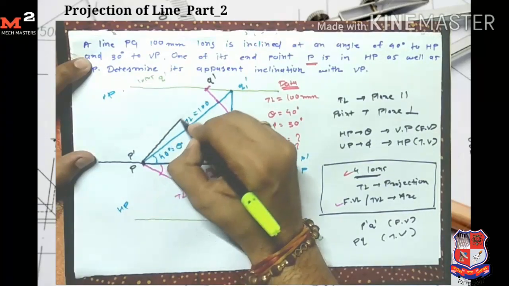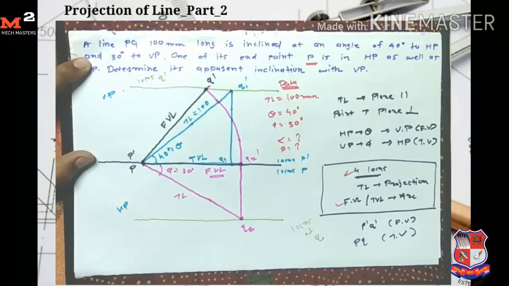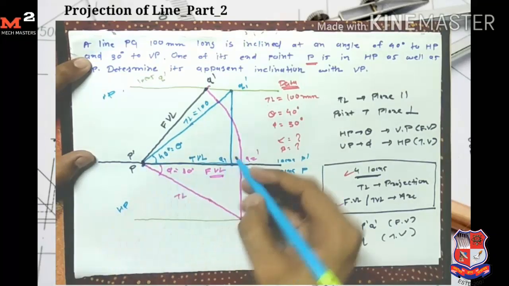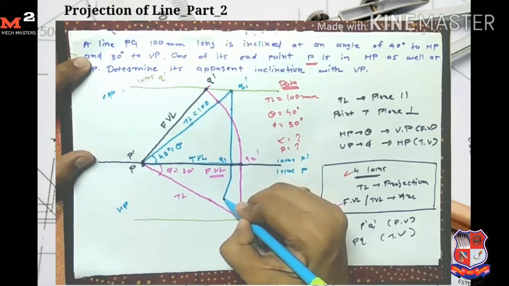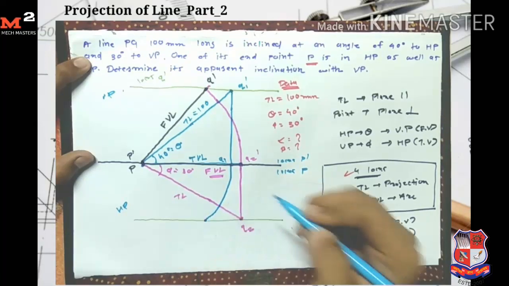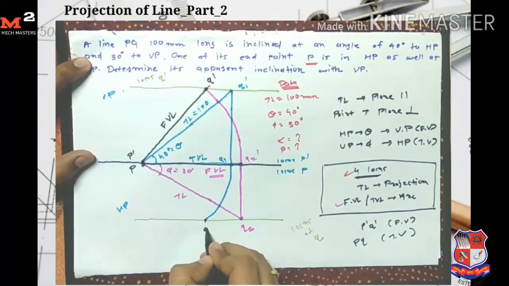This P dash Q dash is my final front view. Similarly, here I get the point Q on this line. I take P as the center and draw one arc here which intersects the locus here. So here I get my final point Q.